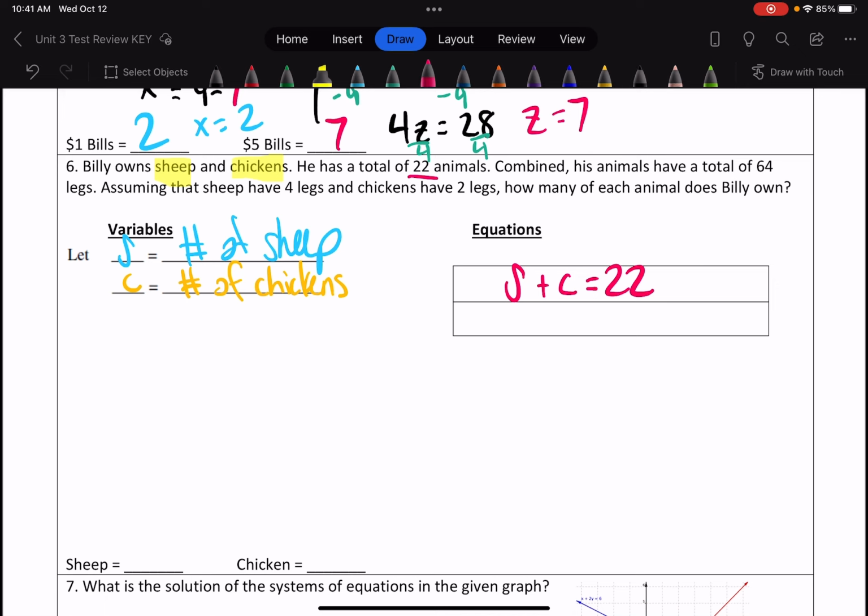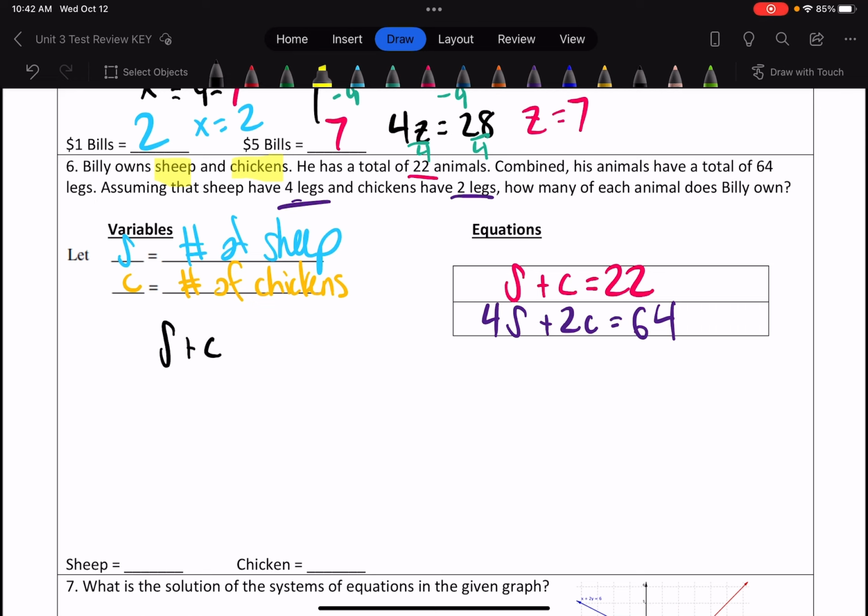I also know on this farm there are 64 legs in total. But I was told that sheep have 4 legs and chickens have 2 legs. So I can say 4S plus 2C is equal to 64. I've got 2 equations. I can now solve this system of linear equations.